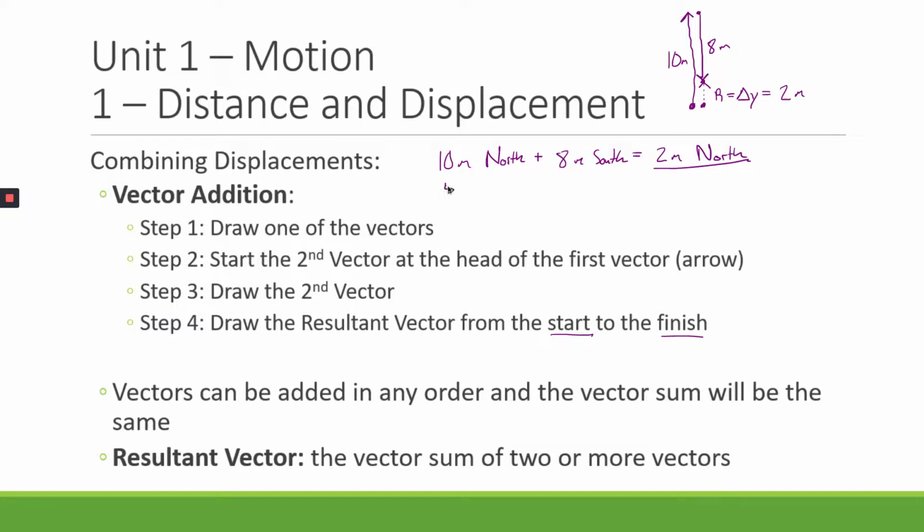Let's do 5 meters north plus 5 meters east. So what would that be? We're going to start by drawing our first vector. So here's a vector. We're going to draw that to be 5 meters north.